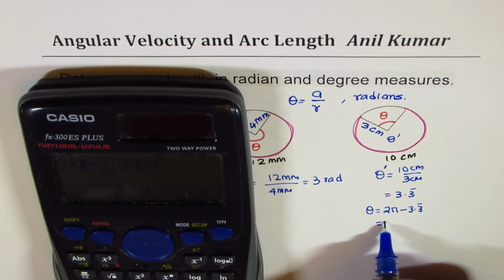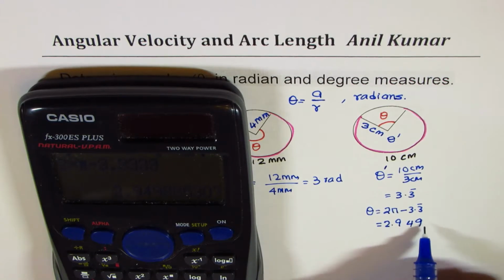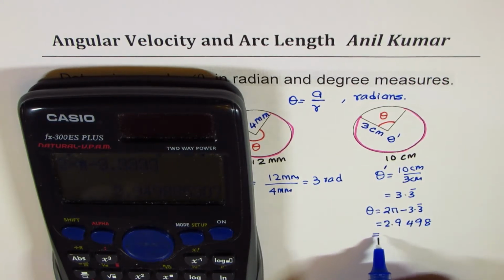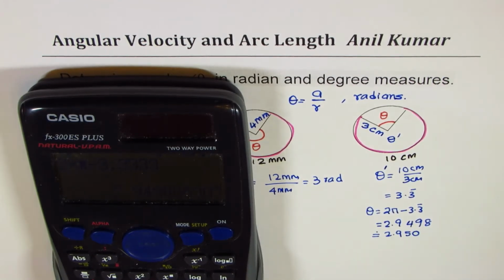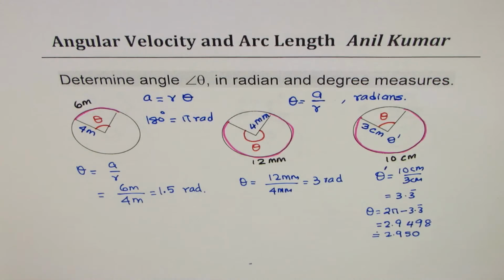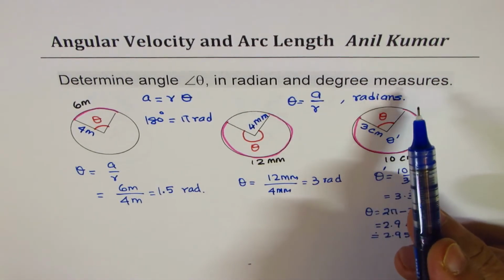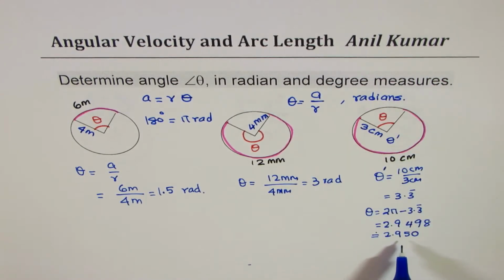The answer in radians is 2.9498, which could be rounded to 2.950 if we round to the 1000th place. If we round to the 100th place, it is 2.95. At times in this type of question, you may be told to round your answer to the 100th place or something like this, so you have to do the rounding accordingly.